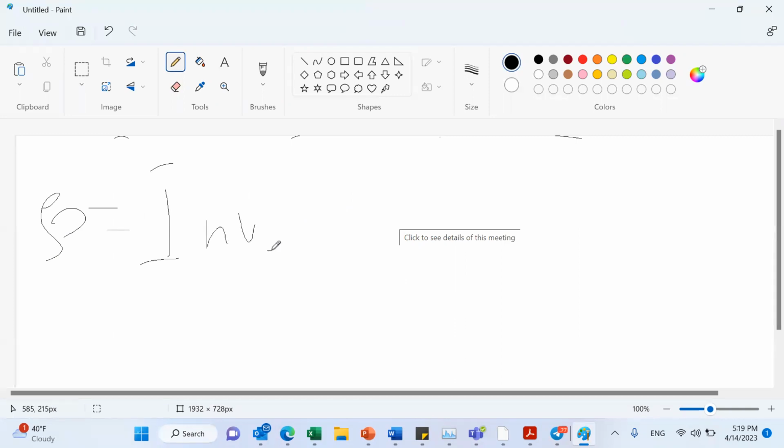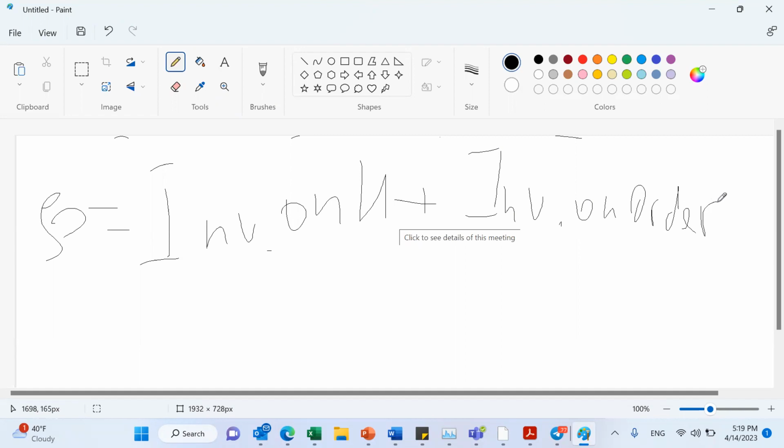It has inventory on hand. It has your inventory on order. And it has your Q. We can call it Q star. This Q is the order. This is your order.